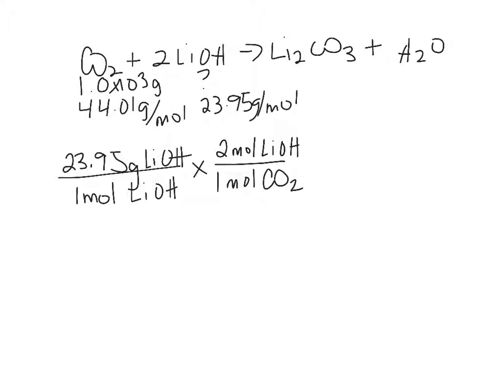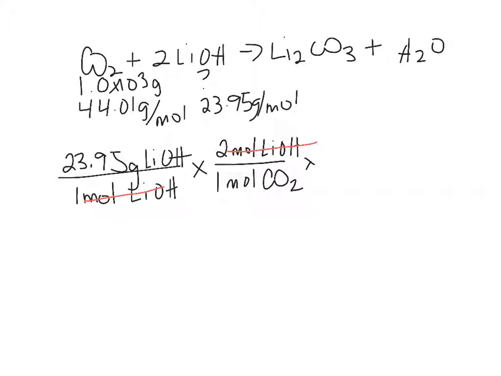So the next thing that we need to put in is our mole ratio, because that will get rid of moles of LiOH. So, got rid of moles. So how did you get 2 mole LiOH? Because I took it from the mole ratio. Yep. So the mole ratio goes next. Then you follow that up. We've got rid of that.